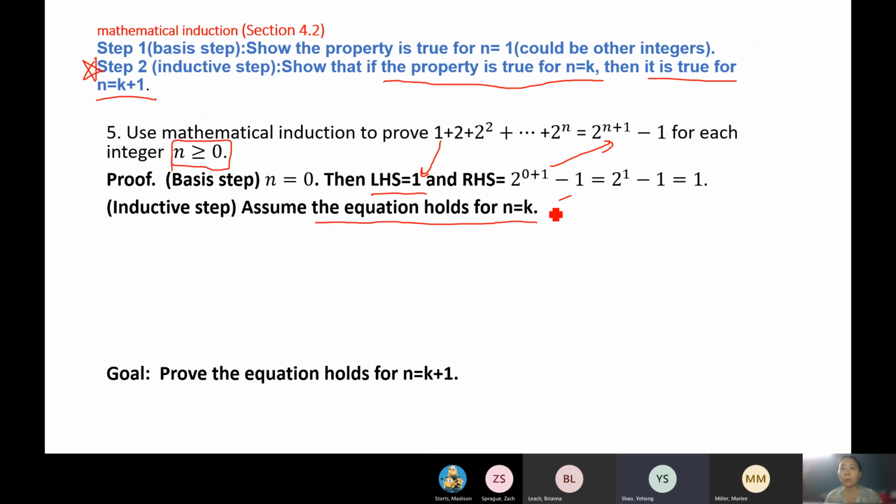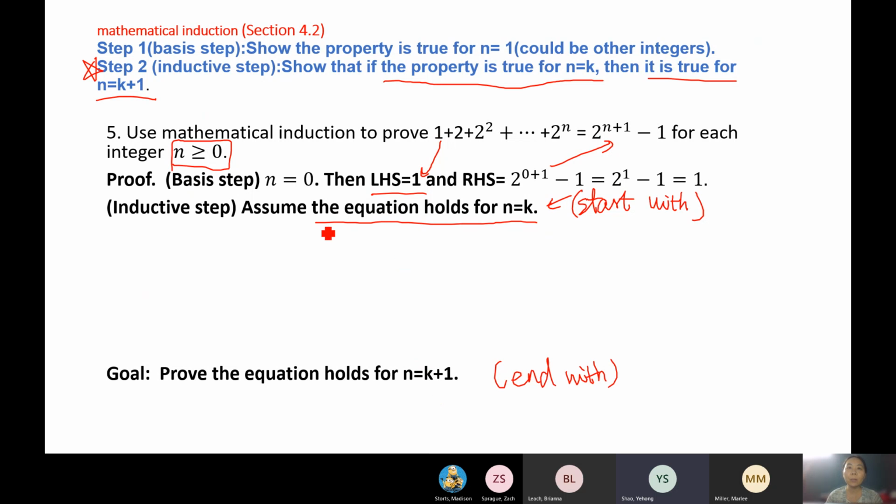If you say I have trouble doing step 2, then follow the format. You always write this down, and you always write down your goal. That's what you should end up with: the formula you proved, the equation holds for n equal to k plus 1.